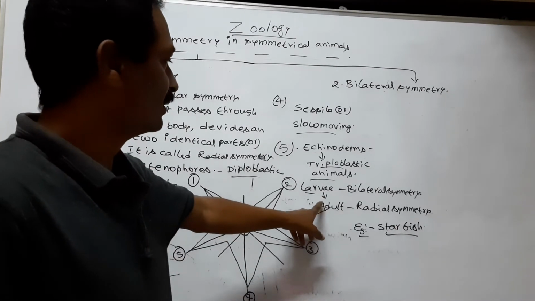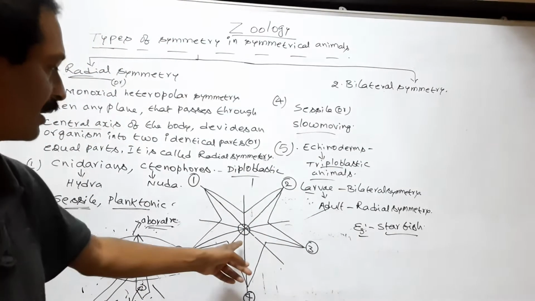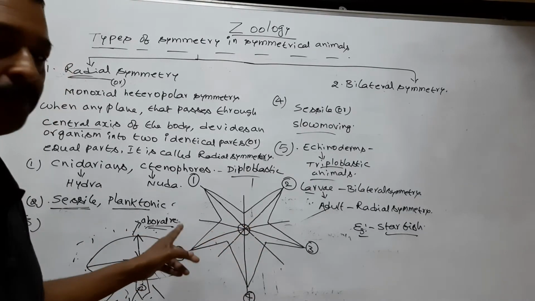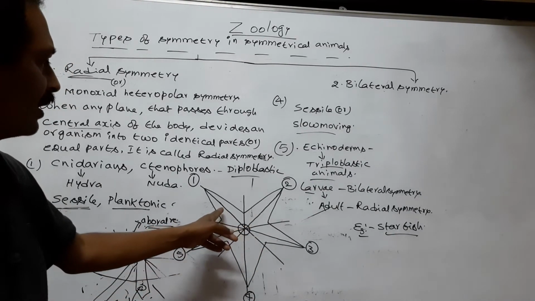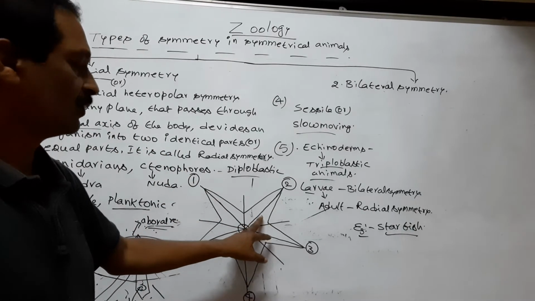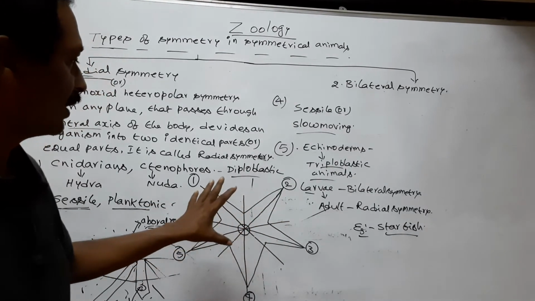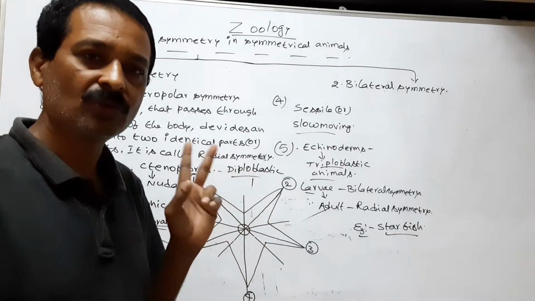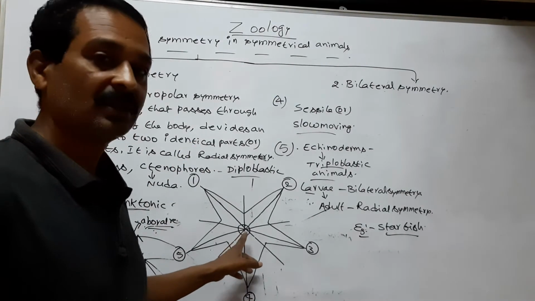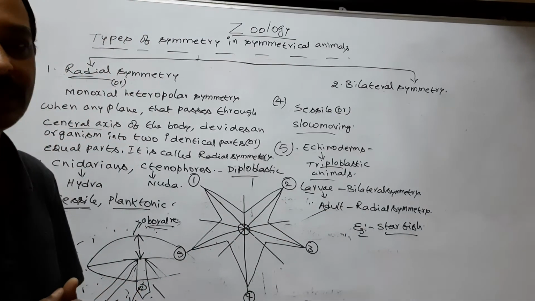The adult echinoderm develops more than one plane. Example, starfish has 5 planes. So the animals which can be cut into two equal parts through more than one plane are called radially symmetrical animals.